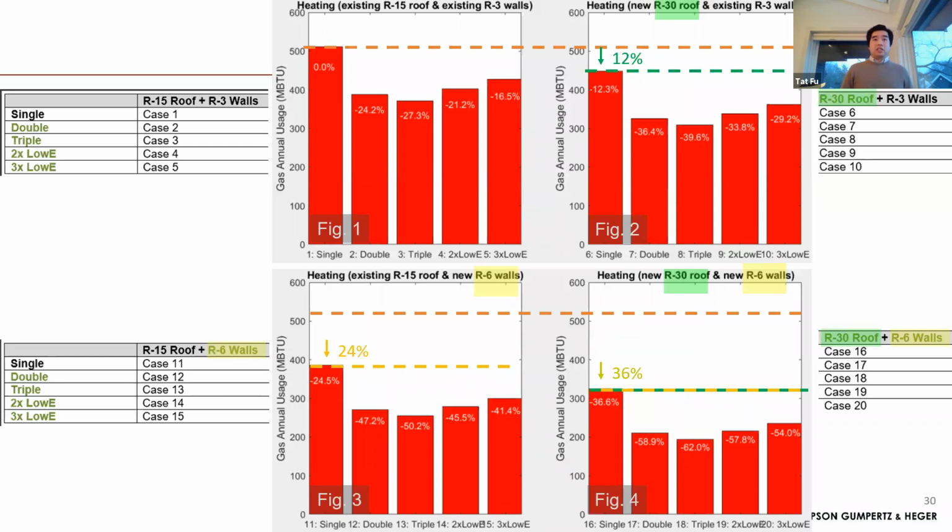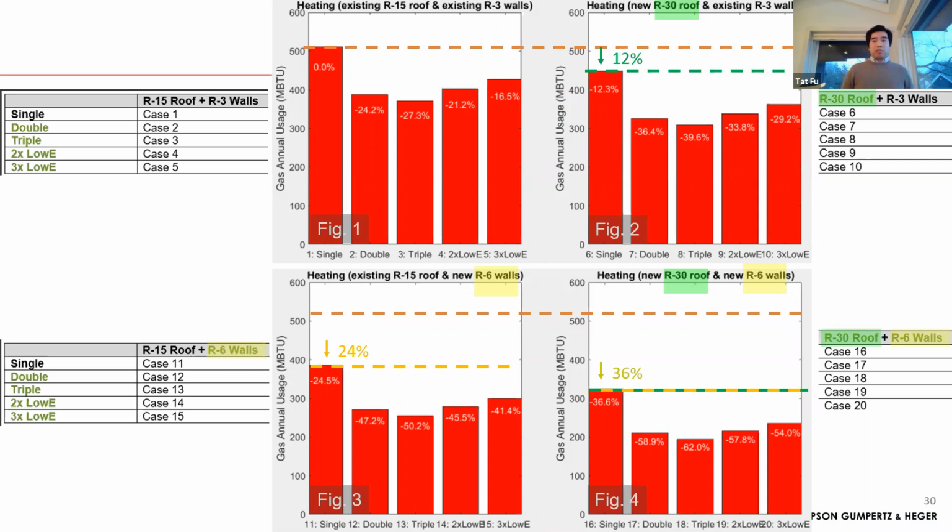In our case, our wall is only R3 because it's uninsulated. By upgrading the wall, even though we're just jumping from R3 to R6, we see a bigger reduction in energy, 24%, compared to increasing the roof insulation from R15 to R30.